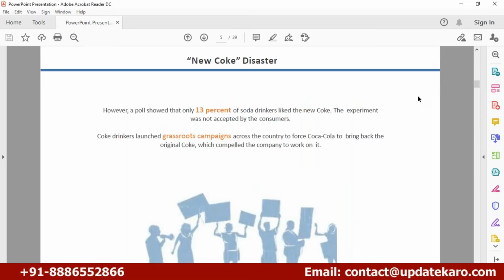They released this product, replacing the old product. It was a big flop. Only 30% of the people who liked soda liked this new product that was launched by Coca-Cola. So at the grassroots level, everywhere there were campaigns started to force the Coca-Cola company to bring back the original Coke.